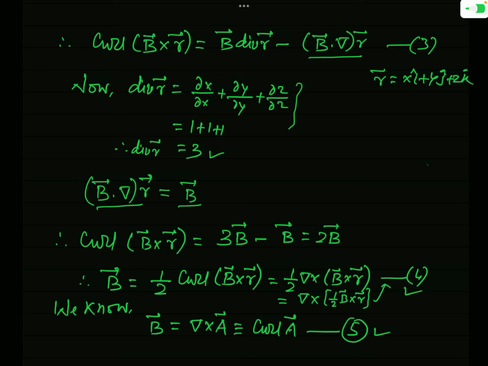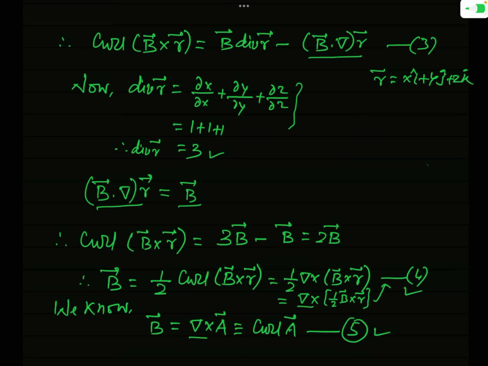So now compare equation 4 with 5. You can see there is curl in both equation 4 and equation 5, so del cross is present in both equations.